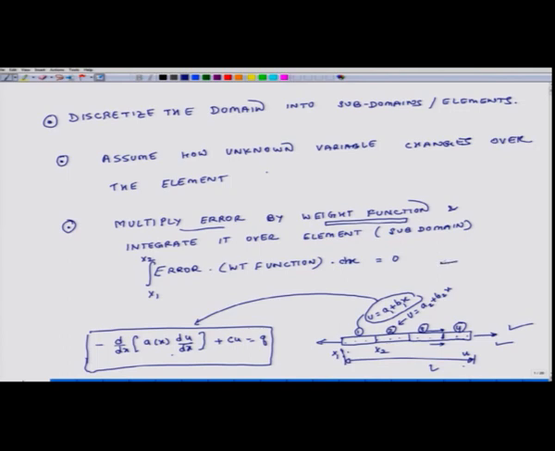So, this is the third step, and we will see that later, it gives us a large number of equations for each element. Okay. So, we will have this equation for element 1, we will have a different equation of same nature for element 2 and so on and so forth, and for each element we will get several equations. So, this third step gives us element level equations.